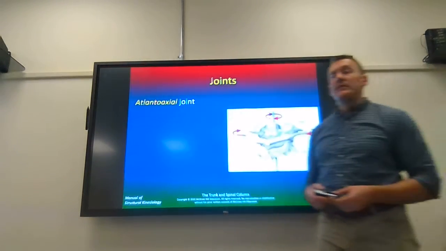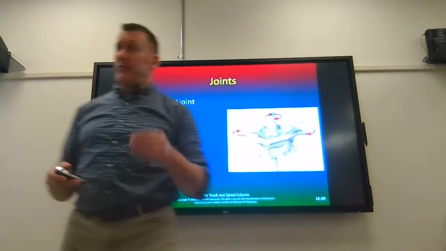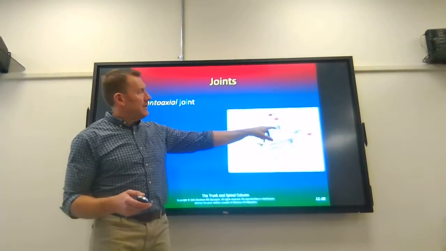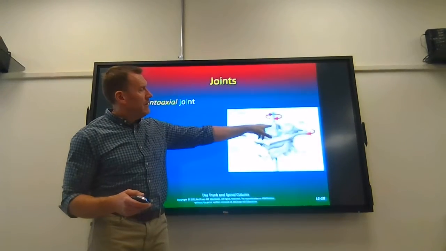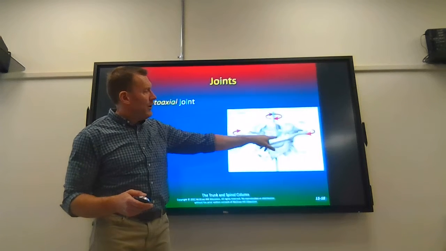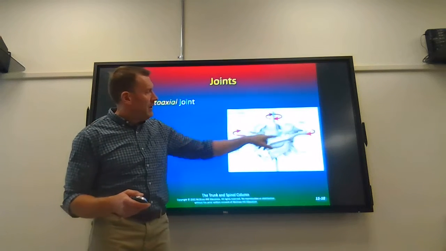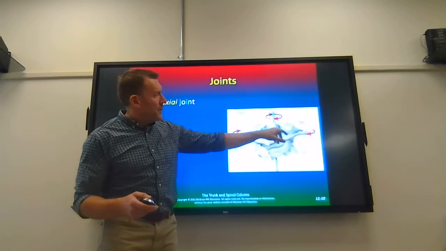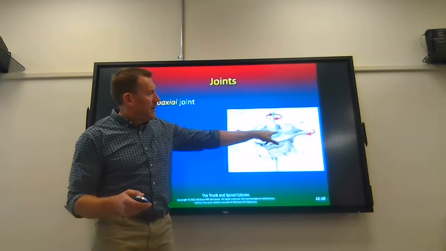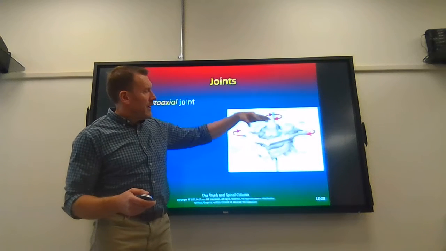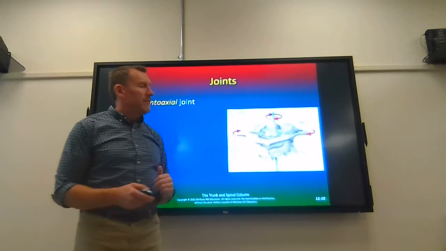The atlanto-axial joint. Remember how I talked about how the atlas pivots on the axis? You can see here the dens from the axis that provides this pivot point for the atlas on top. There's even this ligament from the first cervical vertebra that stabilizes the dens, so you have this nice stable pivot point.